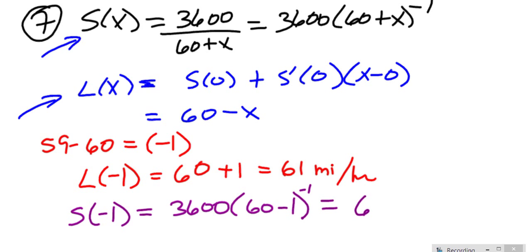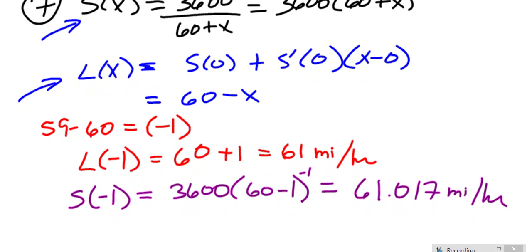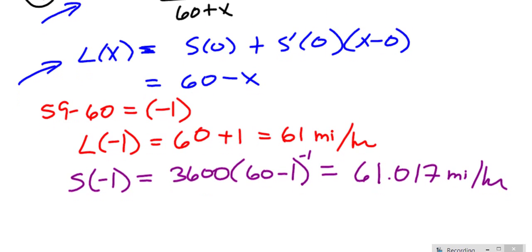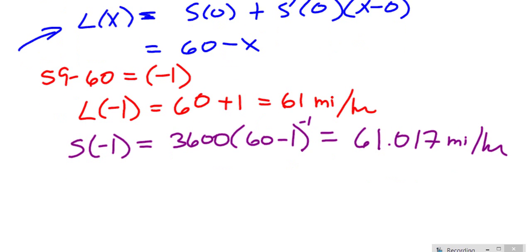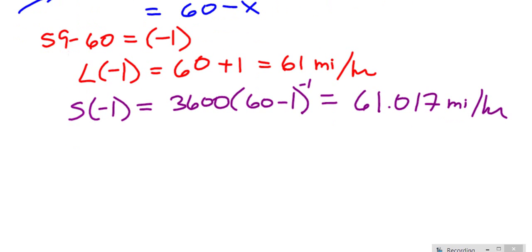And it turns out to be 61.017 miles per hour, rounded. So we have an approximate and an exact miles per hour when you're going 59 seconds per mile. So we want to go ahead and do example number 13.